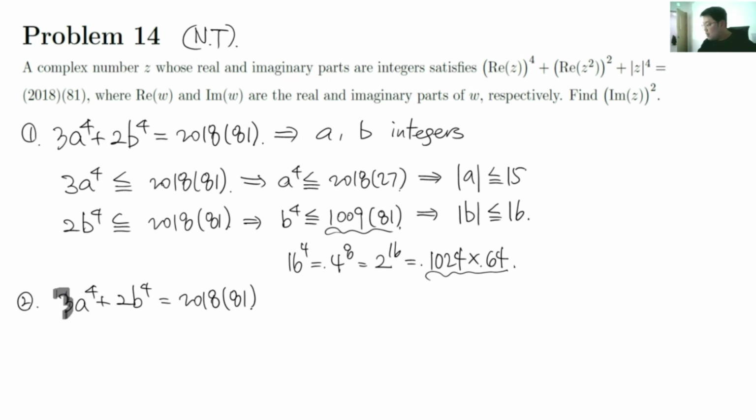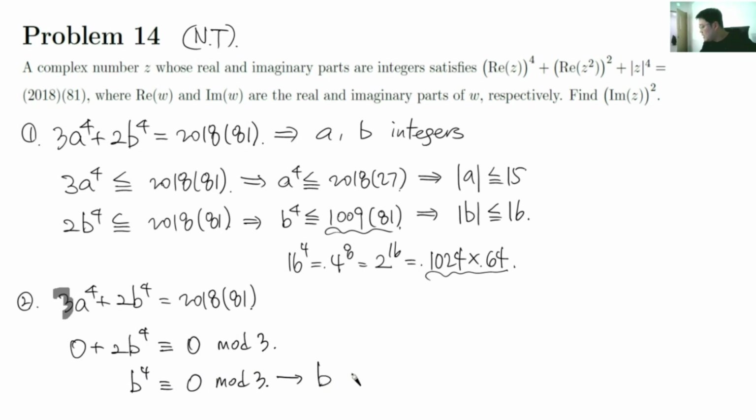If you jump into mod 3, see what happens. 0 plus 2b to the power of 4 is equivalent to 0 mod 3. Does that make sense? Then b to the power of 4 is equivalent to 0 mod 3. Then b is a multiple of 3. As you've noticed, b is going to be a multiple of 3. I got lots of possibilities already. b squareds are gonna be multiples of 3.